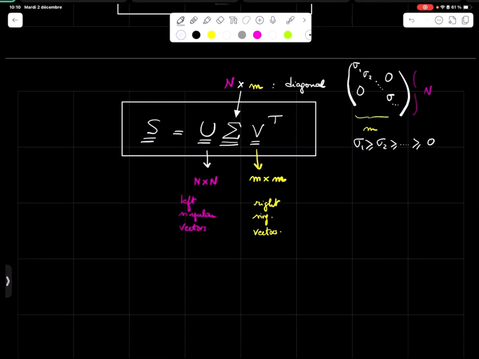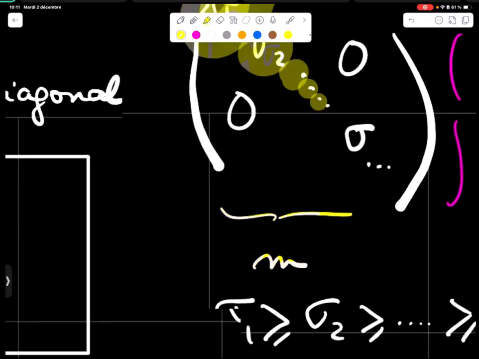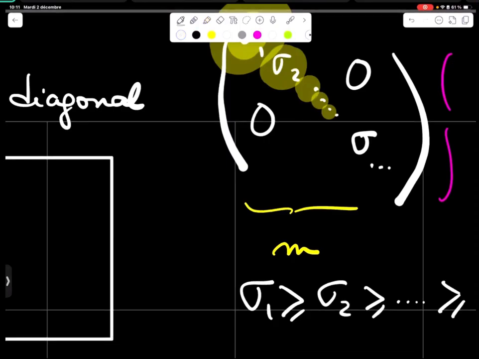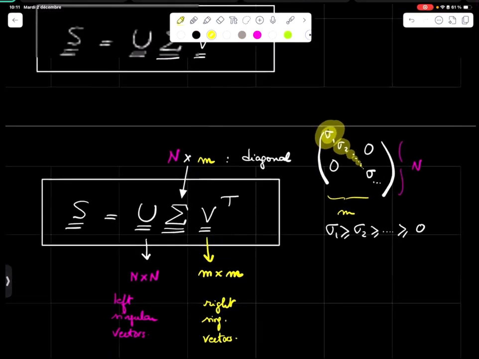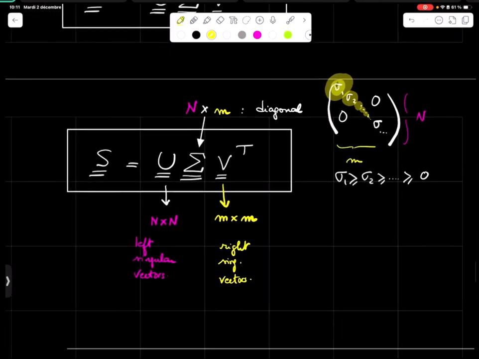So you can rank them: the first one is large, the second a bit smaller, the third yet smaller, and so on. At the end of the day, you end up with ranked singular values, and the first ones are the largest, meaning the most important.